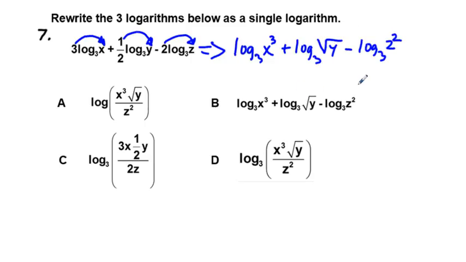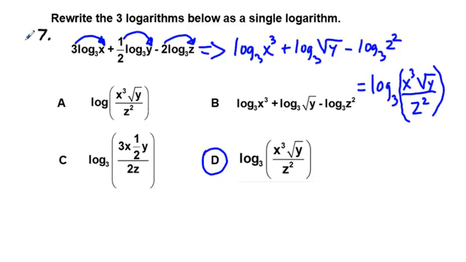And then writing as a single logarithm, we would have the log base 3 of the product of x to the third power times the square root of y, which is y to the 1/2 power, over z squared. And we have z squared because we have minus that logarithm. So here we are, and this will be our correct answer, which is answer choice D.